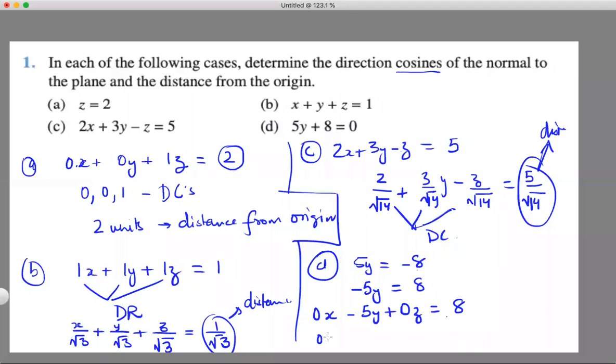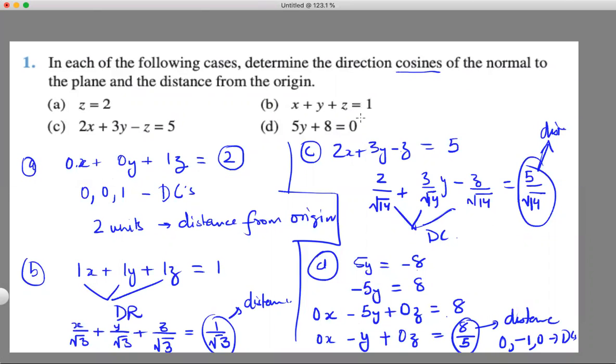Okay, so it will become 0x minus y plus 0z is equal to 8 by 5. Okay, so this is the distance. And 0, -1 and 0 are the DCs.